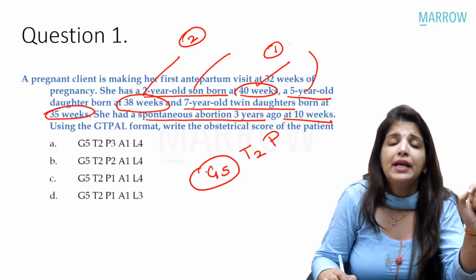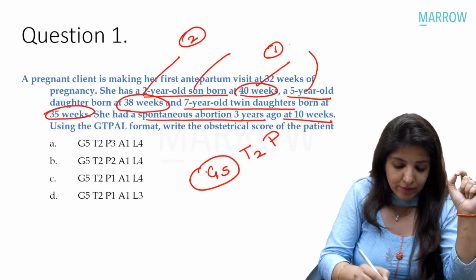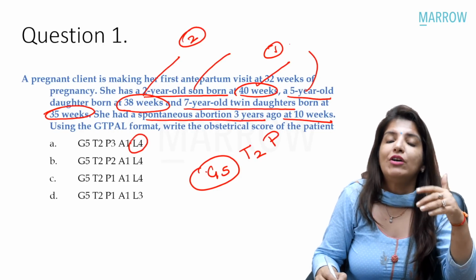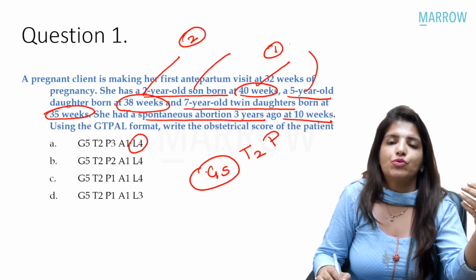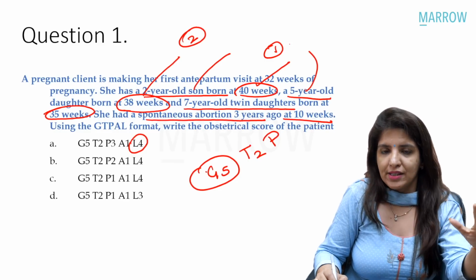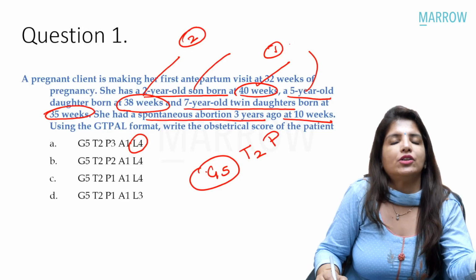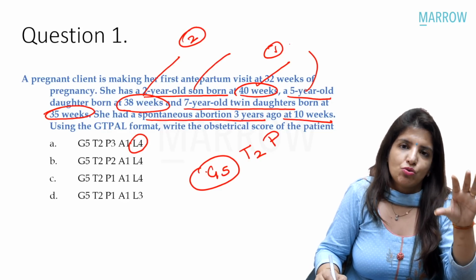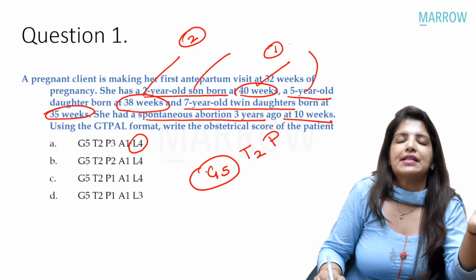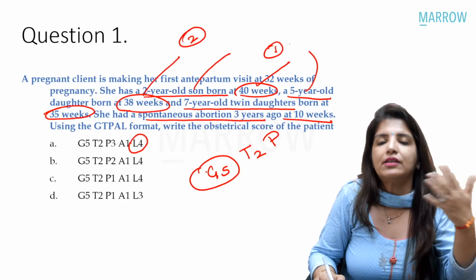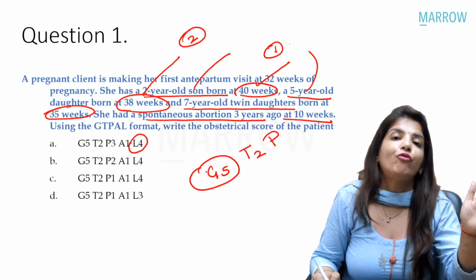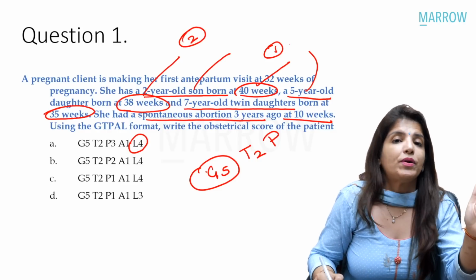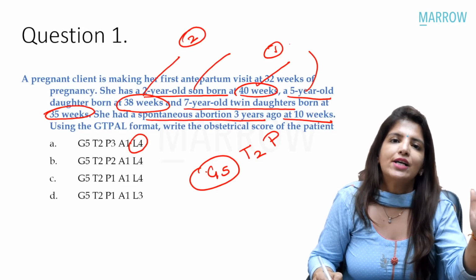Please remember that apart from L, that is the number of living children, where twins are counted as 2, triplets are counted as 3, in none of the other values are twins counted as 2. Twins are taken as a single conception and a single delivery. It is only when we are talking about the number of living children that twins are counted as 2.